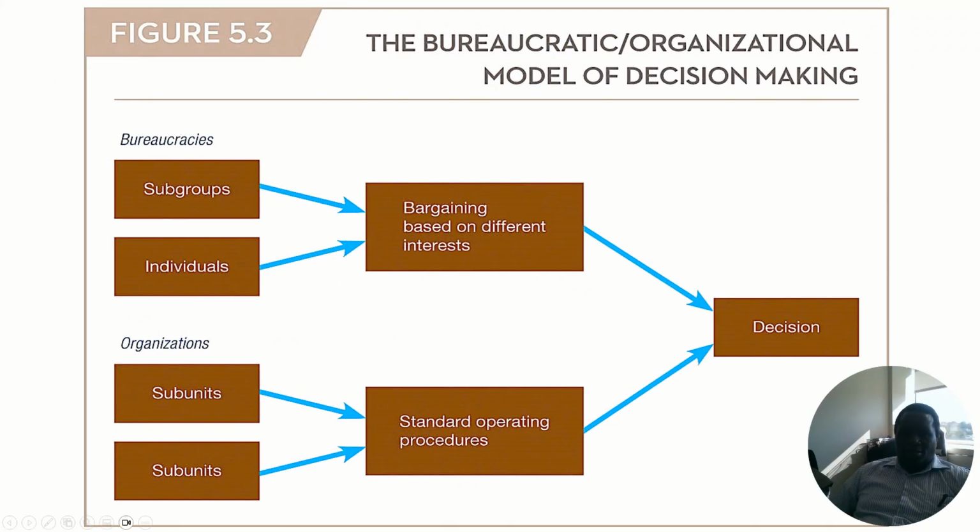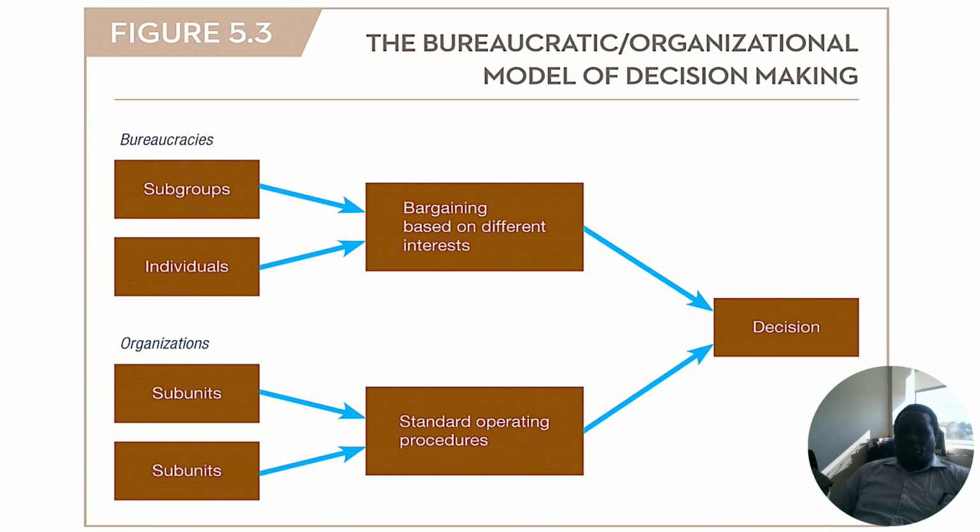And so this is a graphic representation of the bureaucratic and organizational model of decision making. Organizations and subunits use standard operating procedures. The bureaucracies use bargaining based on different interests.